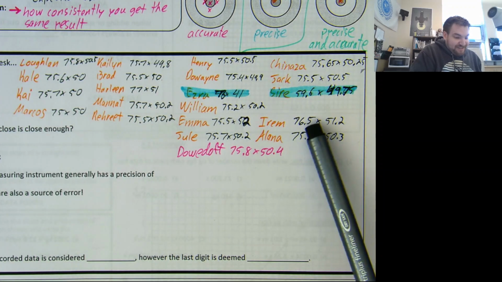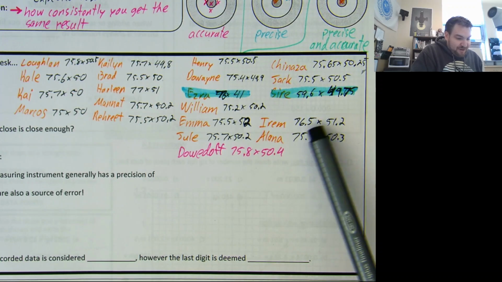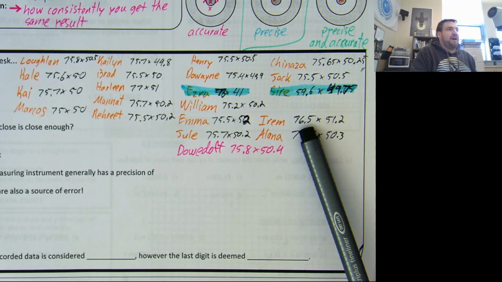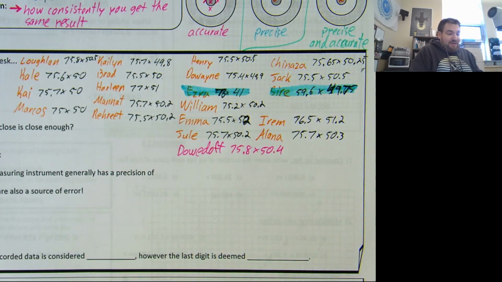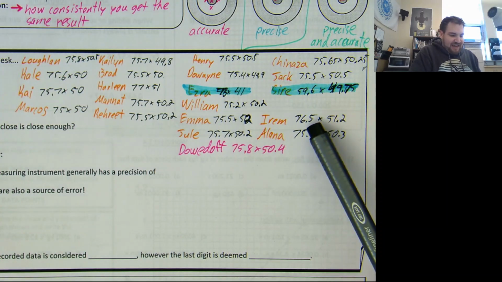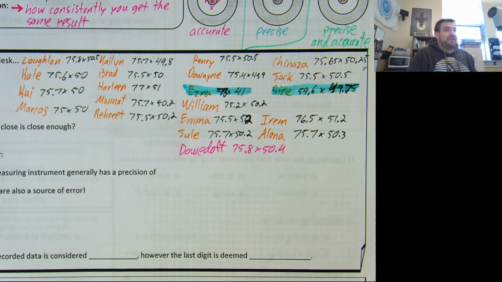You don't like the 76.5? 76.5 is closer than 77. Who's to say that this is too far out? Really, some of this is just going on your gut. You're like, I don't like that 76.5, I don't like that 77, but you don't necessarily have a good reason why.